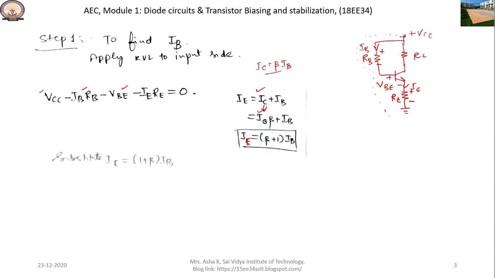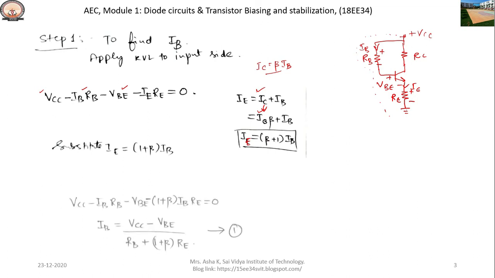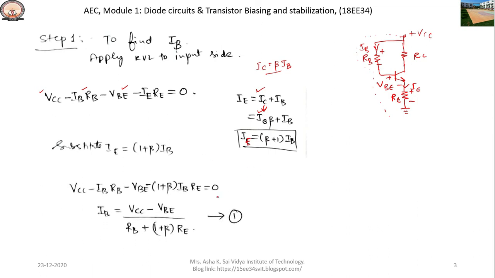Substituting this equation, we get VCC minus IBRB minus VBE minus (1 plus beta) IB into RE is equal to 0. After simplifying, we get IB is equal to VCC minus VBE divided by RB plus (1 plus beta) times RE.